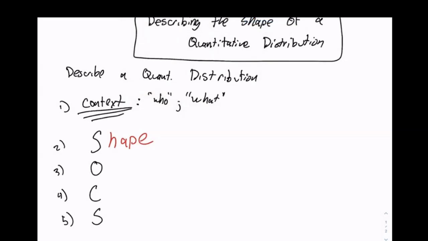What is another property of a quantitative distribution that we need to describe? I think it was outliers. Perfect. Outliers. What does the C stand for? Center. And what does the other S stand for? Spread.